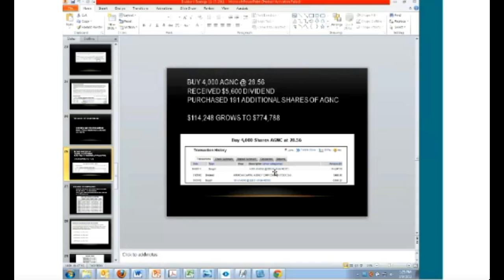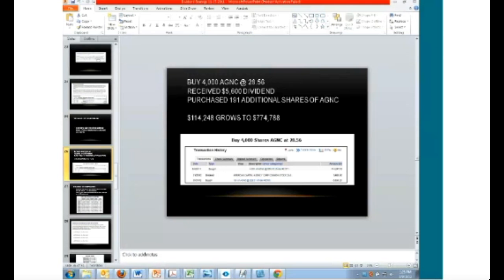And then just recently, I received a $5,600 dividend, and that was reinvested, and I purchased an additional 191 shares of American Capital. So what I did is I did a study based on my cost basis.